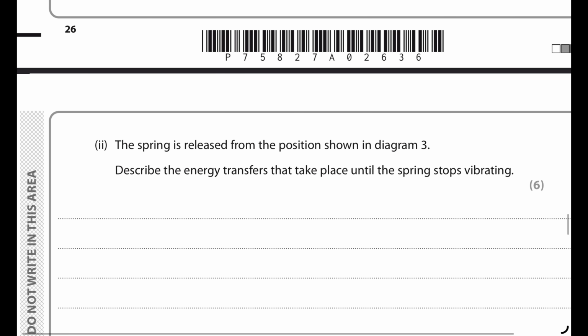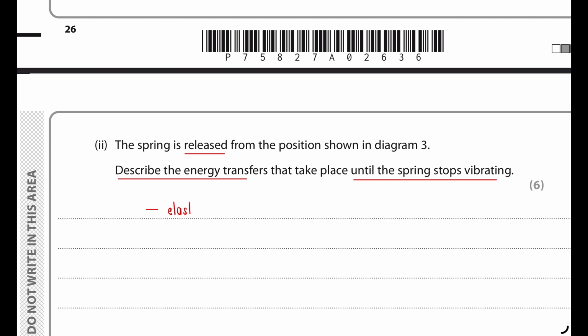Then question II. The spring is released from the position shown in diagram 3. Describe the energy transfer that takes place until the spring stops vibrating. So the first one is the elastic energy store decreases.